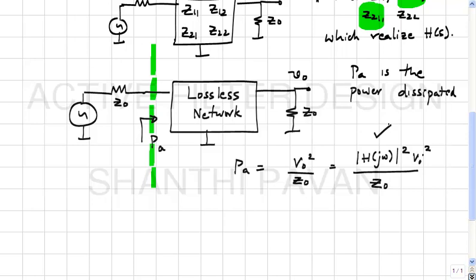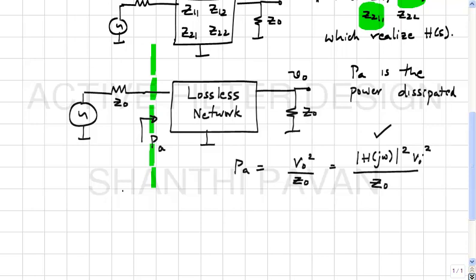Okay, and we know that the transfer function we want from the input to the output is mod H of j omega squared, which means that if this network was realizing the filter magnitude squared response we want, then the power absorbed PA must be given by mod H of j omega squared times Vi squared divided by Z0.